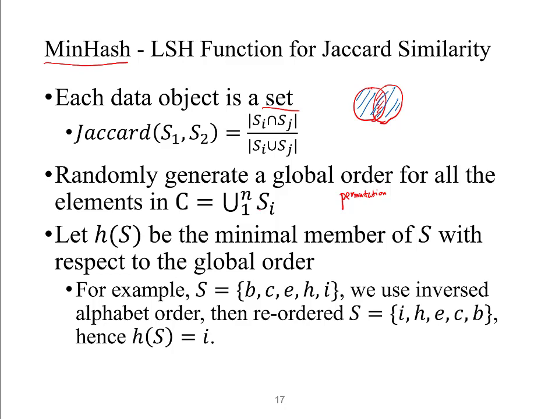If we just say it like this, it's a little bit dry, so let's use an example here. For example, these are the elements in S. It's a set, okay?